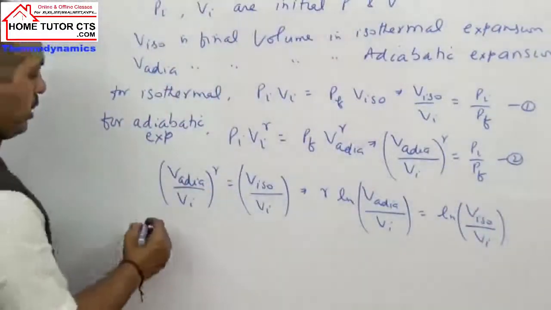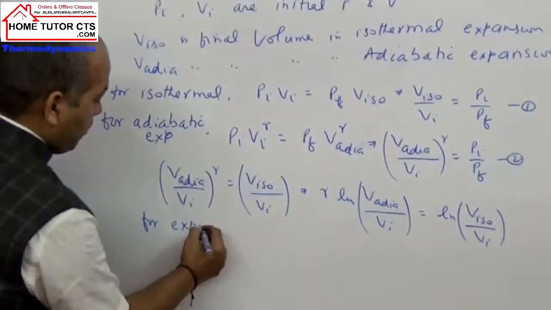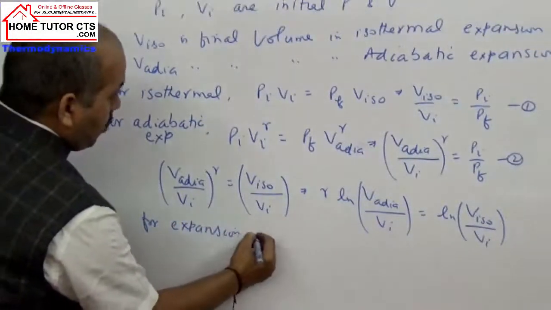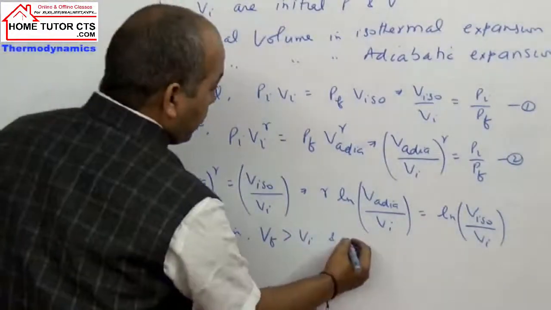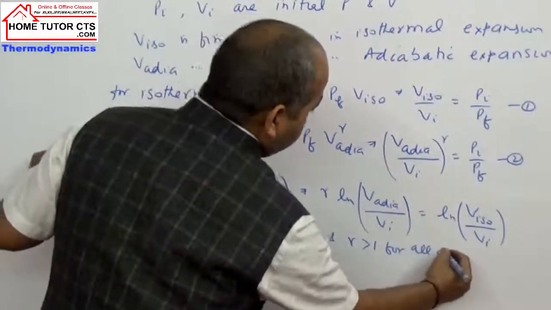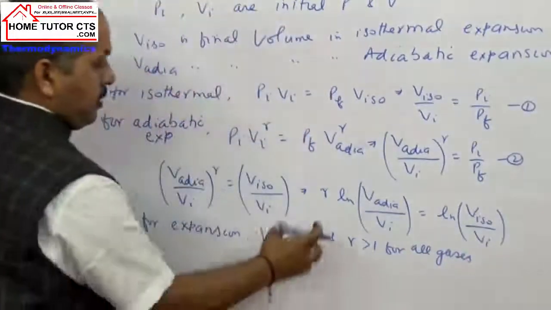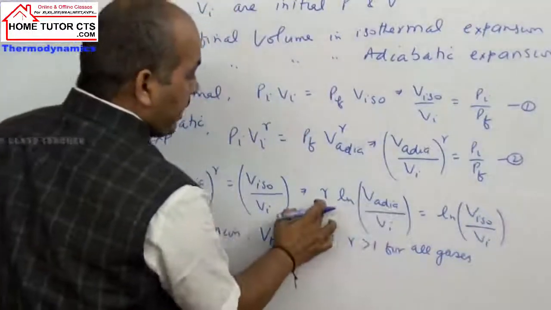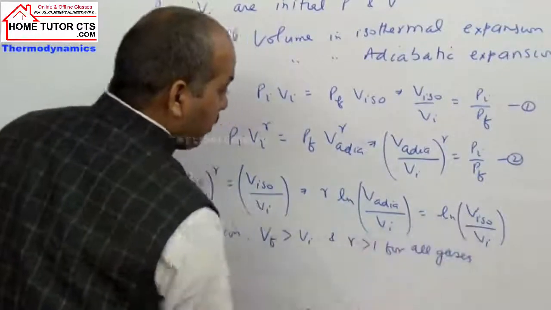Again, we have already seen in the previous case that for expansion, final volume is more than initial volume, and gamma is more than 1 for all gases. Gamma is more than 1 for all gases. So when this value is more than 1, this value should be less as compared to here.